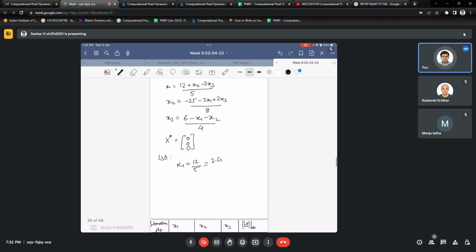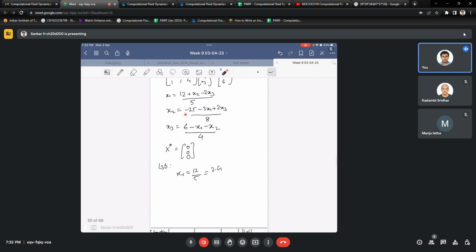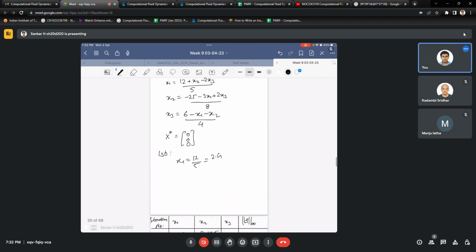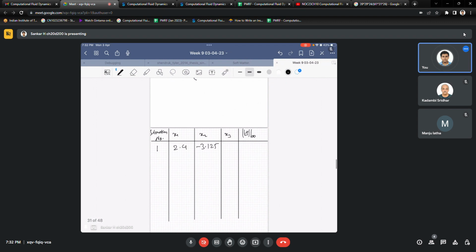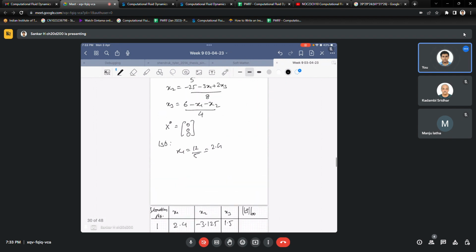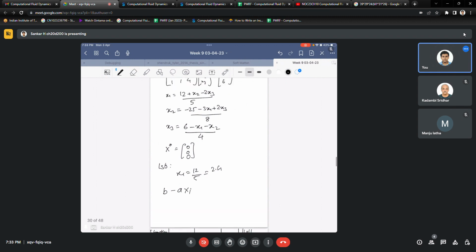Then x2 should be equal to minus 25 plus 0 plus 0 by 8, which is equal to minus 3.125. And x3 to be equal to 6 minus 0 minus 0 by 4, which is equal to 1.5 or 3 by 2.